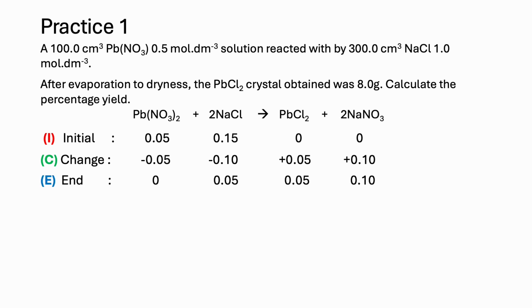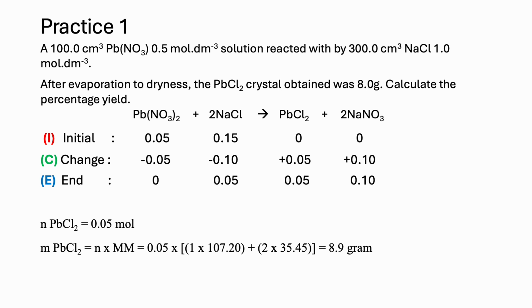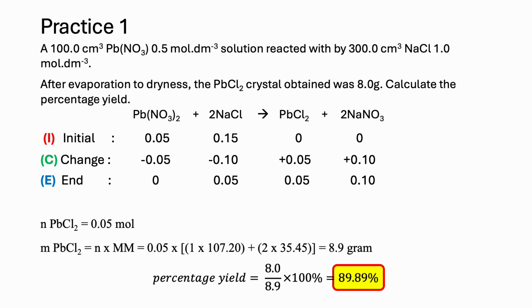At the end we have 0.05 moles of PbCl2. We use this data to find the mass by multiplying by its molar mass. So we get the actual mass 8.9 grams, and we can calculate the percentage yield. So it's 89.89%.